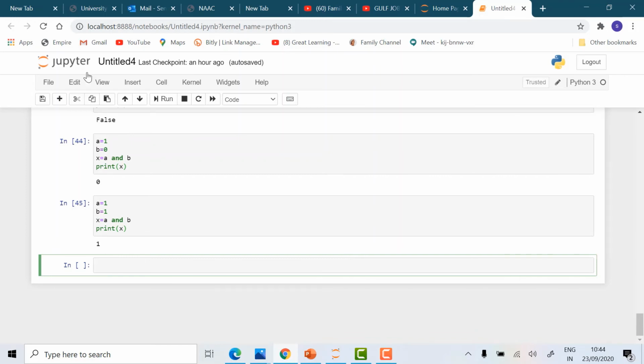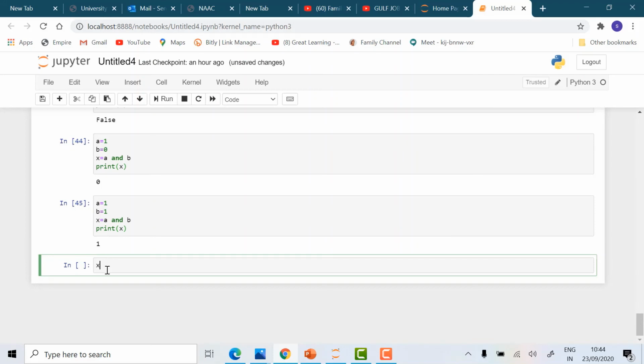If a equal to 1, b equal to 0, then x equal to a and b gives 0. If a equal to 1, b equal to 1, x equal to a and b, print x, the answer is 1.